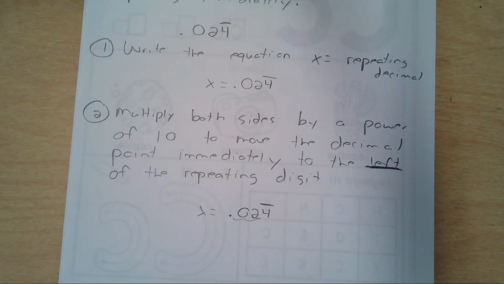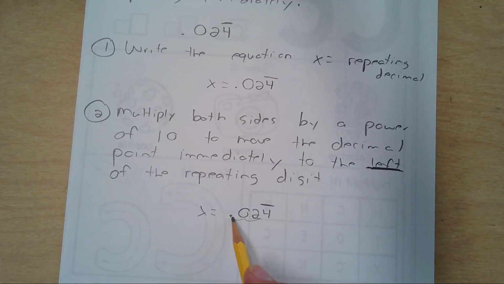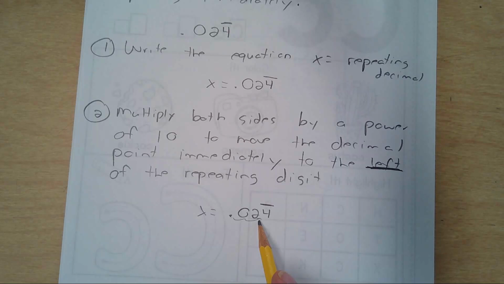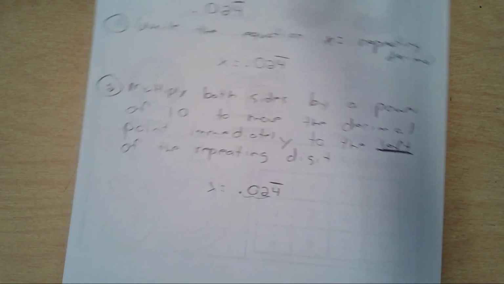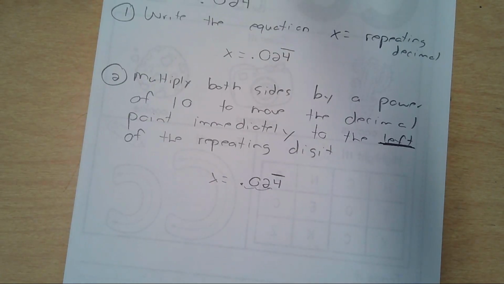So that means I'm multiplying by what? 10. Here's my decimal, and I want it to be over here. How many spots does it have to move? 2. Which means I multiply by 10 to the 2, which is 100.